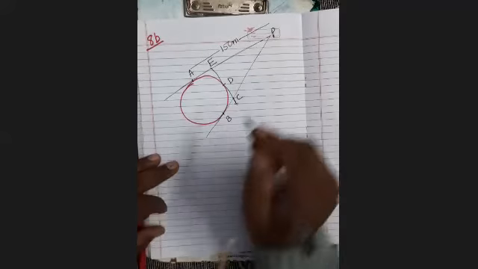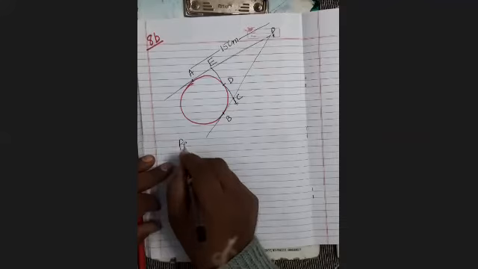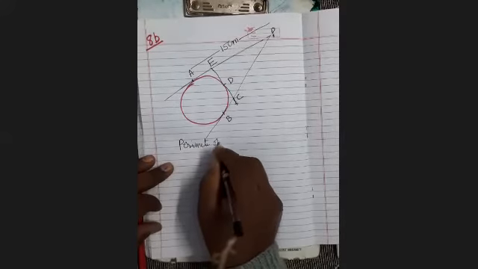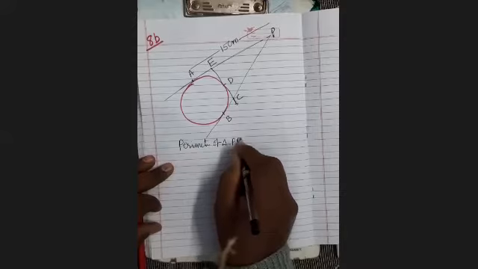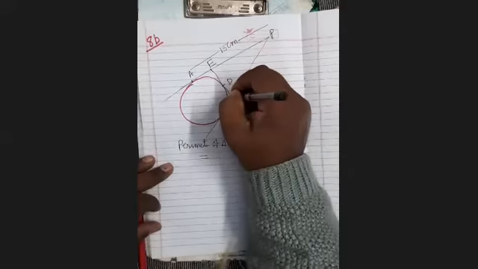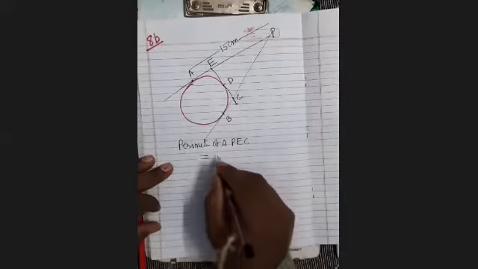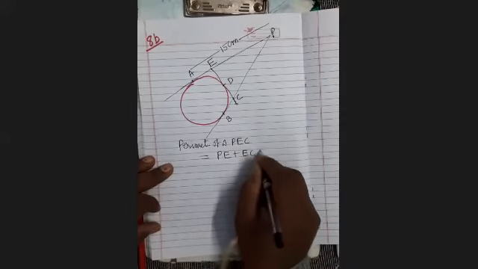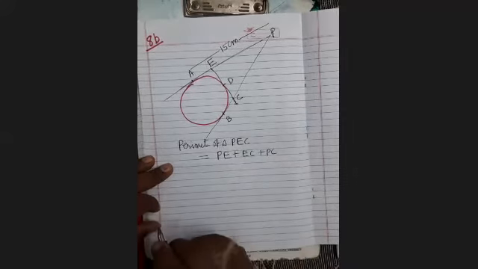Now you can see here the perimeter of triangle PEC will be PE plus EC plus PC. It's clear.